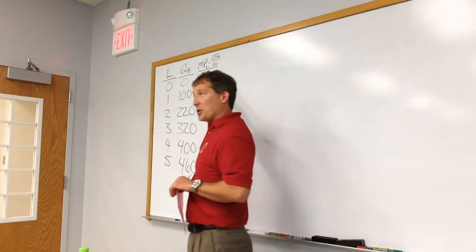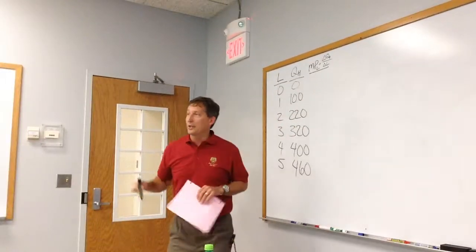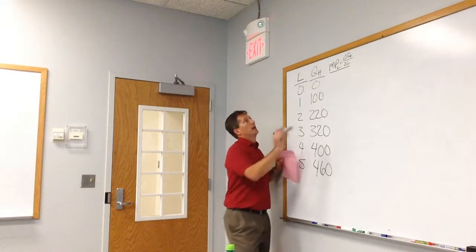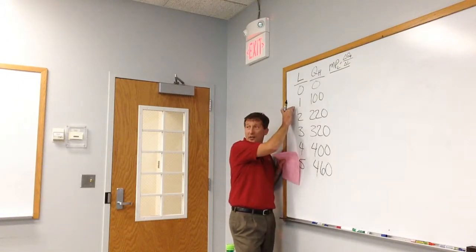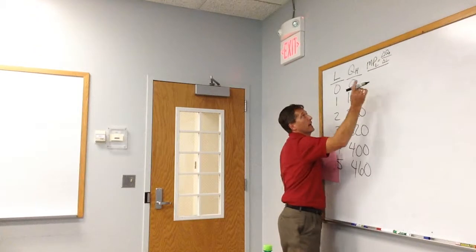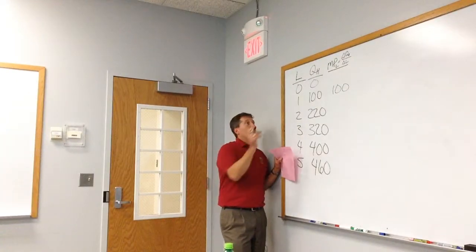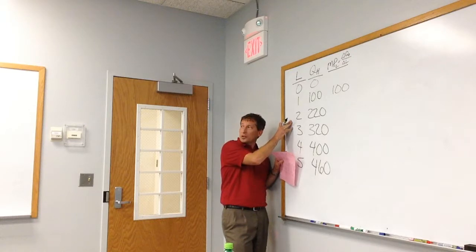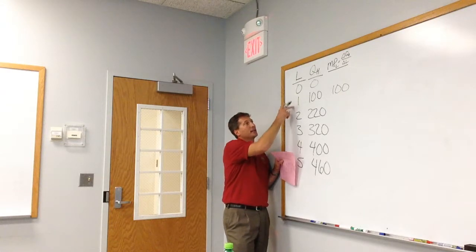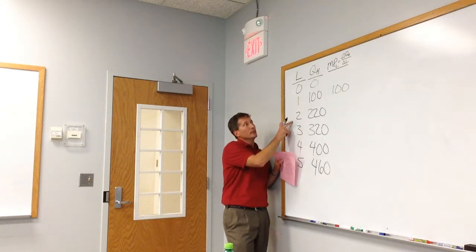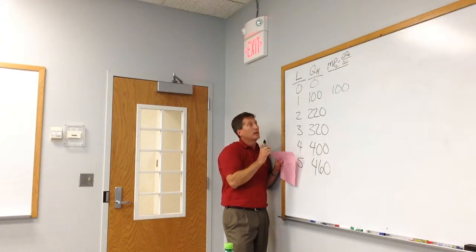So the marginal product of the first worker is 100, right? The first guy gave me 100 hamburgers. Marginal product of the second worker, 110. Right? So I added 2. So 110 we divide by 2.